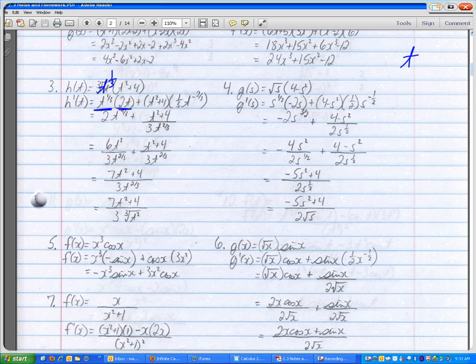To take the derivative of t to the 1/3, use the combination rule: exponent times coefficient, so 1/3 times the coefficient of 1, t, and subtract 1 from the old exponent. 1/3 minus 1 is negative 2/3. So that's what I got right there.